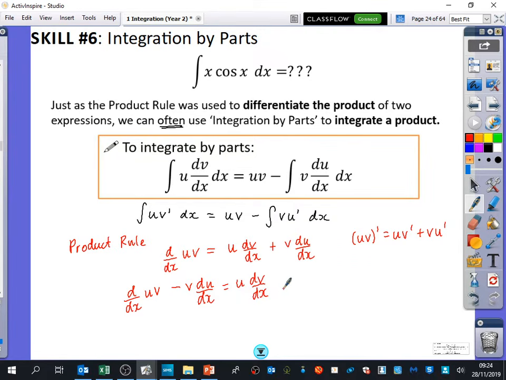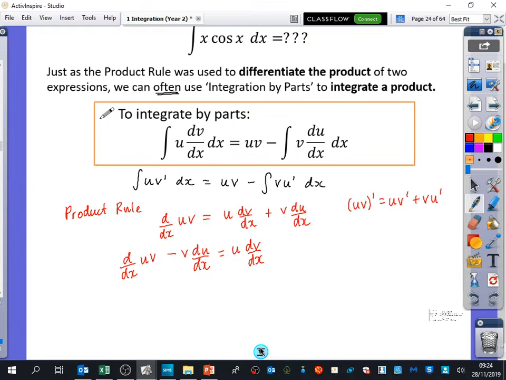It's almost looking like this thing that we've got up here. I'm actually going to just do an extra step, and I'm just going to swap everything around. So I'm going to write this over here. So that's u dv/dx equals the derivative of uv minus v du/dx. Now, the only thing that needs to change to go from this line to this orange line, can anybody spot what needs to change?